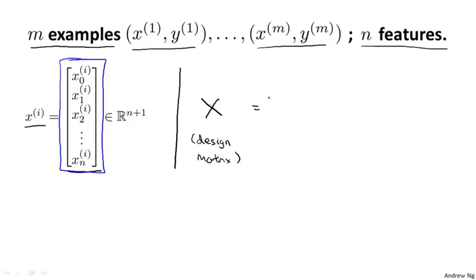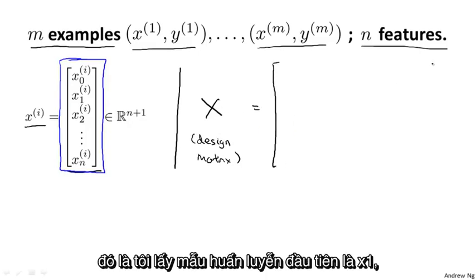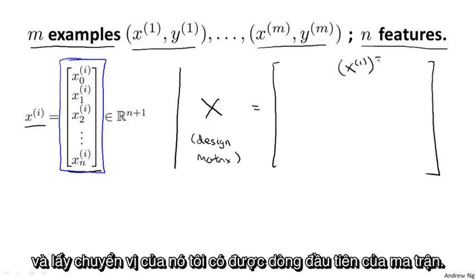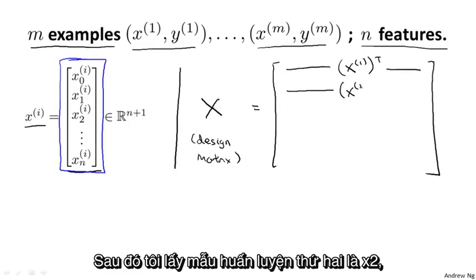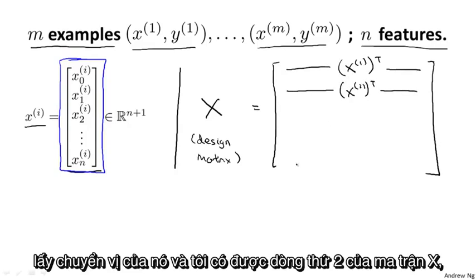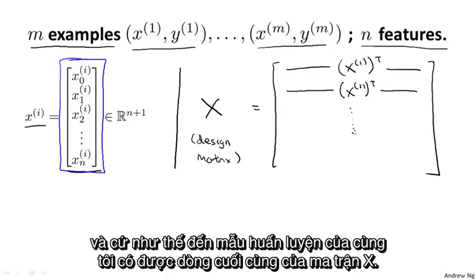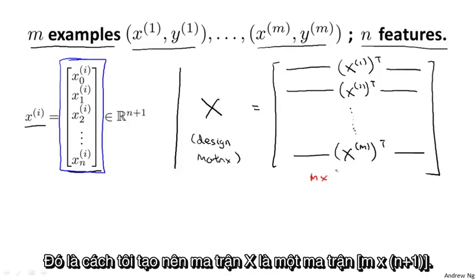I take the first training example, take its transpose so it ends up being this long flat thing, and make x1 transpose the first row of my design matrix X. Then I take my second training example, x2, take its transpose and put that as the second row of X, and so on, down to my last training example, whose transpose is the last row of X. This makes X an m by n plus 1 dimensional matrix.